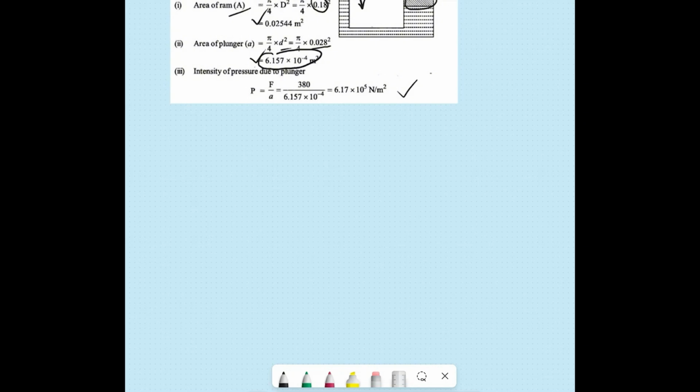We already know the unit of pressure is Newton per meter square. Newton per meter square equals 1 Pascal, right?